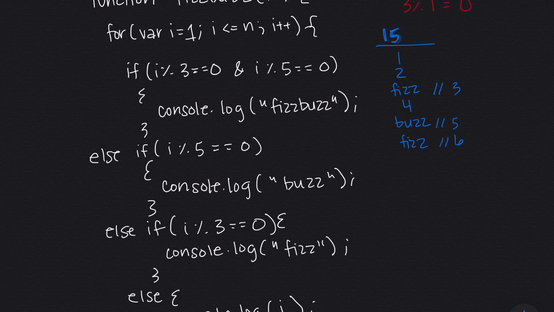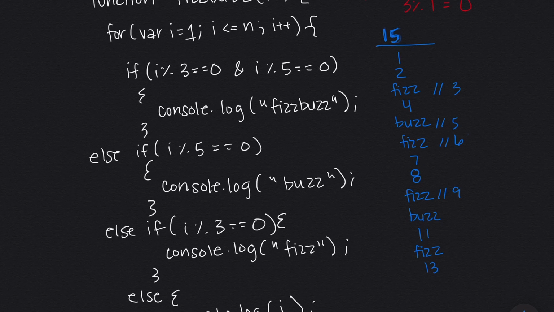Now we got 7 and 8 and 9 is a multiple of 3, but it's not a multiple of 5. So we're just going to print fizz. And then 10 is a multiple of 5, but it's not a multiple of 3, so we print buzz. Then we got 11. 12 is a multiple of 3, but not a multiple of 5, so we print fizz.